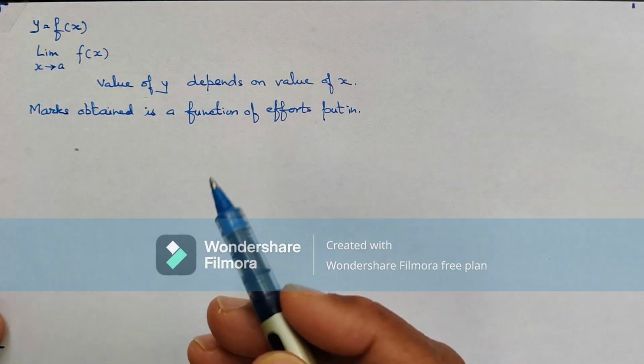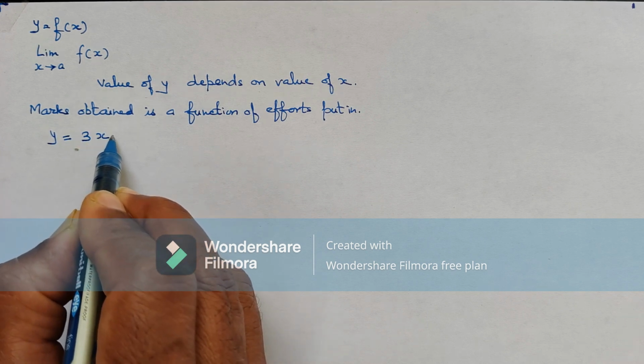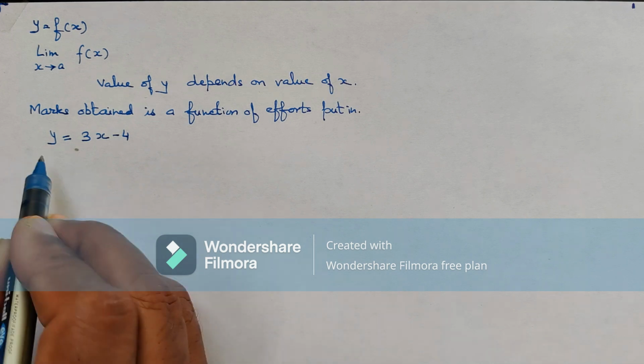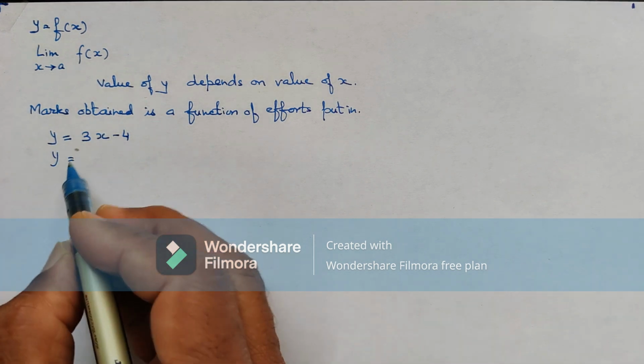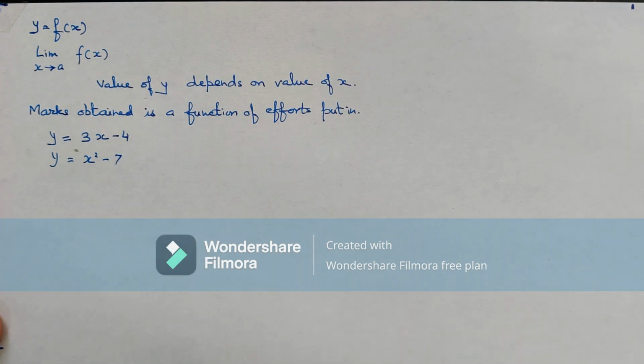For example, in maths, y is equal to 3x minus 4 is a specific example of a function where once x is defined, y is exactly known. Another example could be y is equal to x square minus 7, or any such examples. In each of these cases, if x is known, the value of y can be exactly determined.